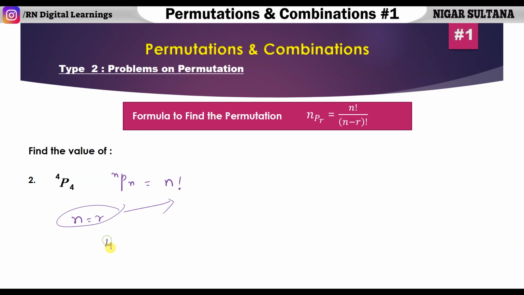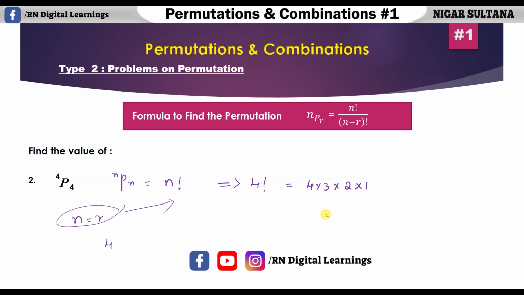So n value is 4 here. So what is 4 factorial? It's quite easy to calculate. 4 into 3 into 2 into 1. That is 4 3s are 12, 12 2s are 24, 24 into 1 is 24. So this is the value of 4P4.